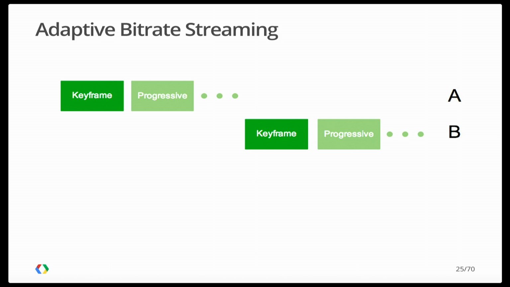When we make a switch, that has to happen at a keyframe, because the decoder will not understand if you switch at a progressive frame; how do I make this transfer from my current data to some other? Each of the progressive frames builds on keyframes. So you must feed a keyframe first, and that's logic that we also had to be very careful to take care of.